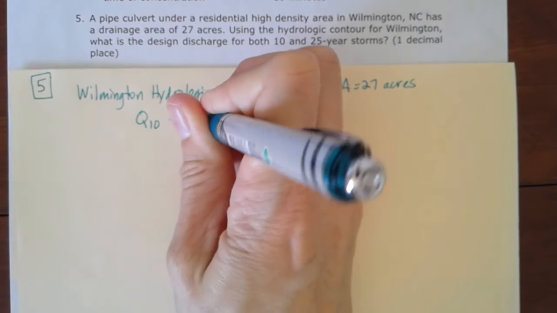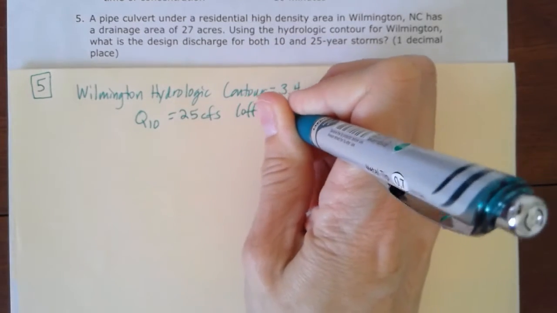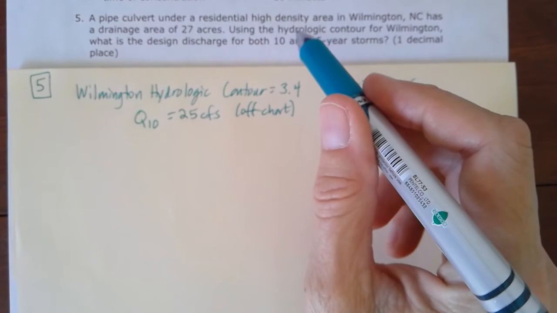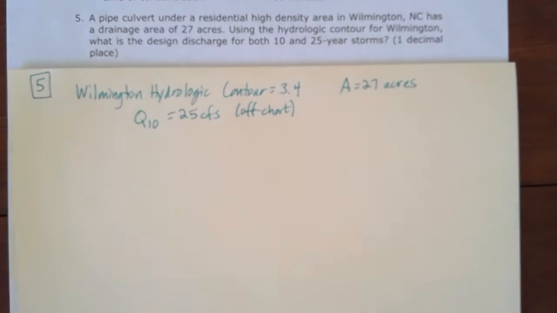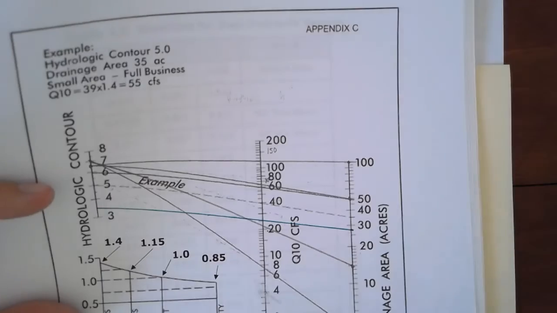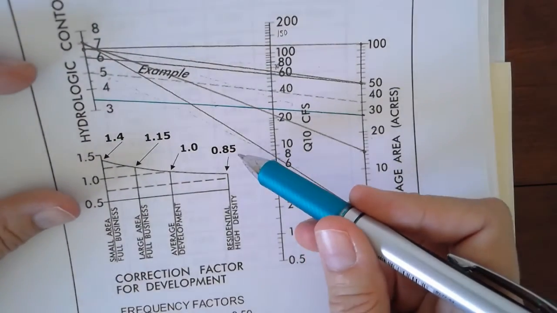I get the 25 CFS off the chart, but I know I'm going to have to do some adjustments because I am told that it's a residential high density area. So I'm going to look at my residential high density, and I see from my chart here that it is the 0.85 multiplier.